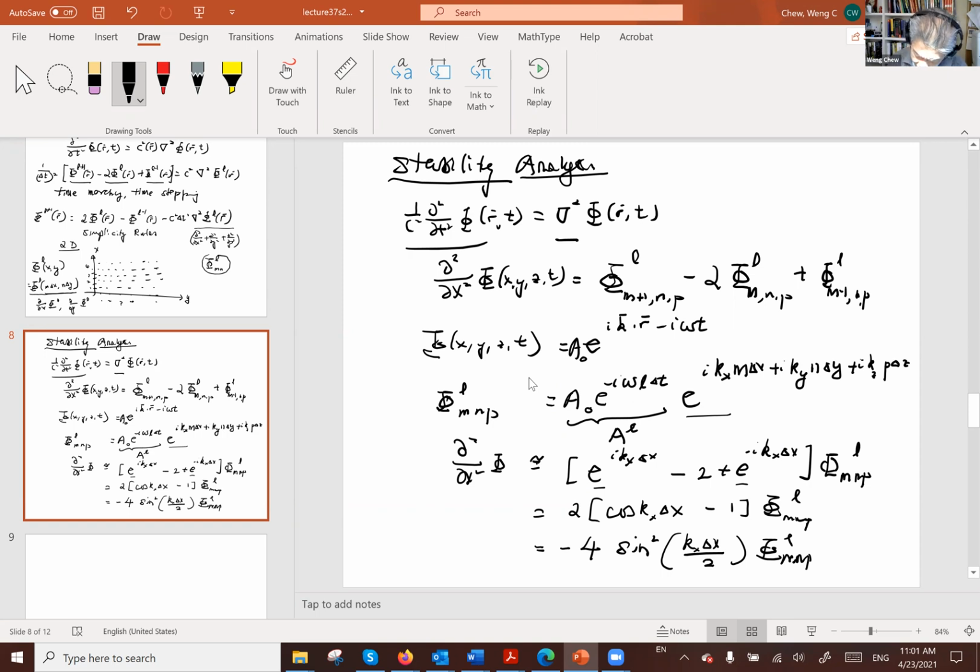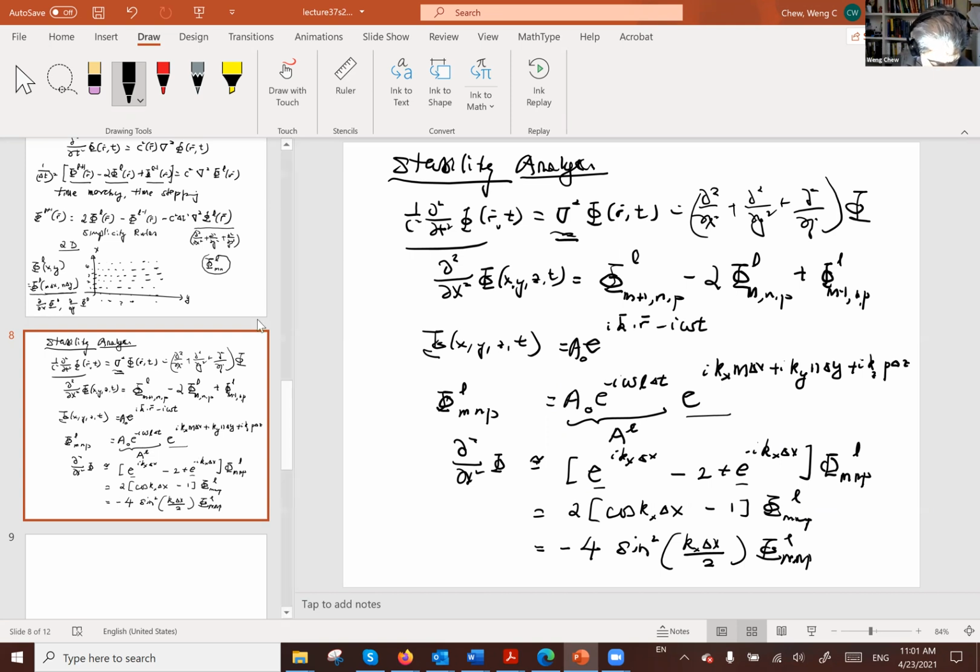Then I repeat the same thing for the y derivative, because this has 3 derivatives: partial square, partial x square, partial y square, partial z square. I can repeat the same for the y derivatives, and then I will have a very interesting formula.